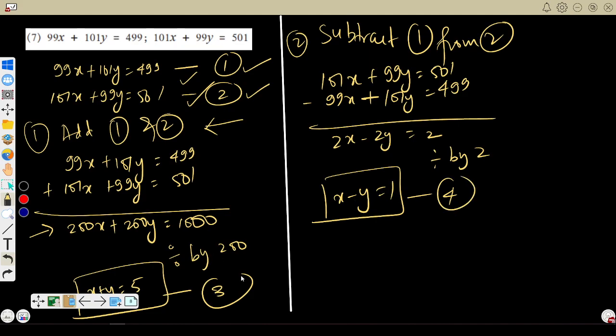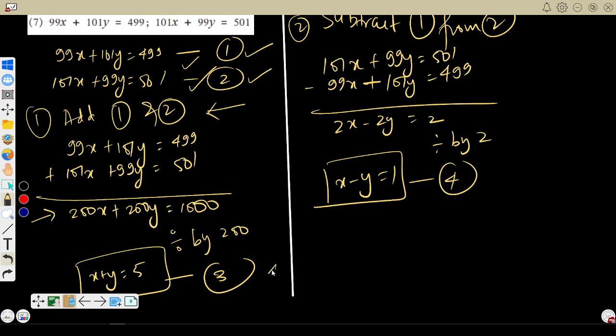Now if you look at this, equation number 3 and equation number 4 are easier for us to solve as compared to equation number 1 and 2. Again, I am repeating, if you want, you can solve the given question by considering equation 1 and 2, but it is convenient to go with equation 3 and 4.